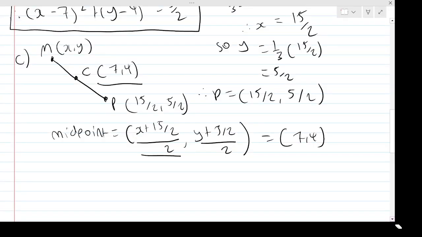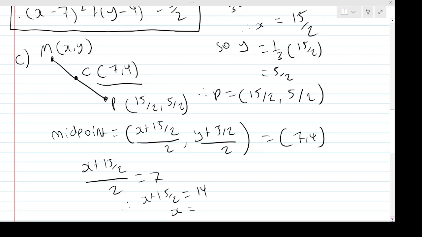Then I can equate those two coordinates together. So the x parts firstly: x plus 15 over 2 over 2 equals 7. Therefore x plus 15 over 2 equals 14. So then x, if I subtract 15 over 2 from both sides, I get 13 over 2. Likewise for the y part, y add 5 over 2 over 2 equals 4.